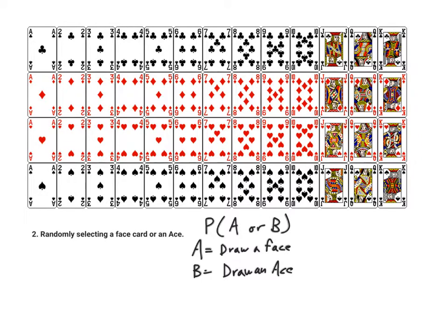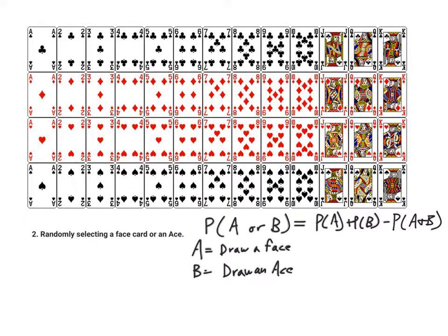Because I've got an or probability, I might want to refer back to my notes and remember that the formula for calculating an or probability is the probability of A plus the probability of B minus, and that's the key here, you've got to remember the subtraction part at the very end, the probability of A and B. And remember, this A and B is different.